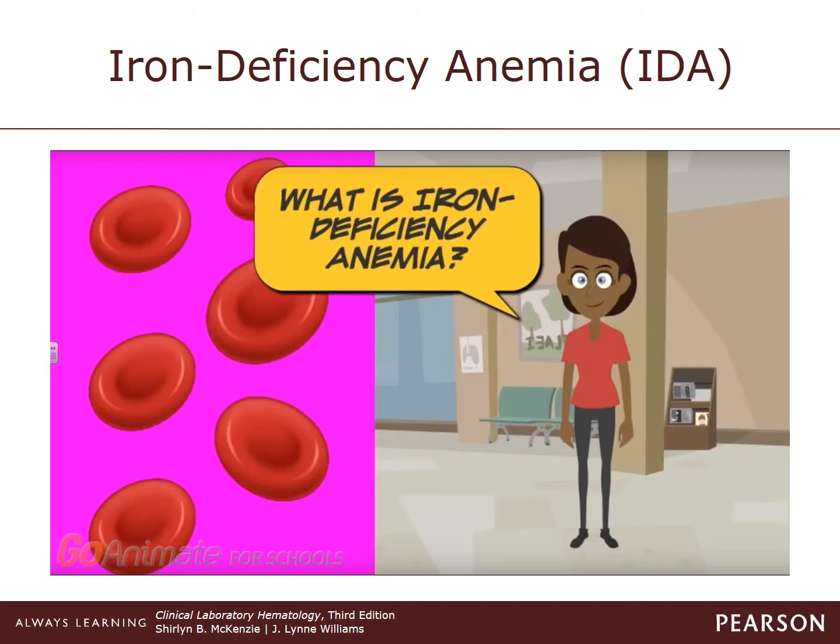It's prevalent in countries where grain is a major part of the diet and meat is scarce, or where hookworm infestations are endemic. Decreased availability of dietary iron and chronic blood loss also increase the risk for developing iron deficiency anemia.